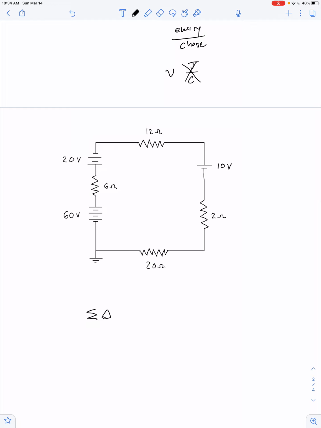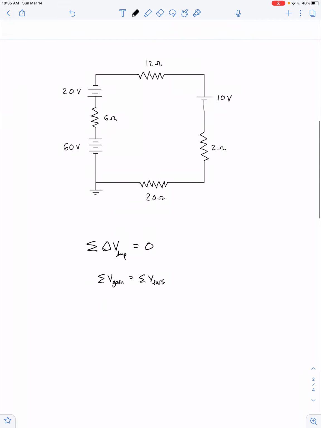The total change in voltage all the way around a loop, either counterclockwise or clockwise, we can just write the word loop. The total change in voltage around a loop is equal to 0, which is equivalent to saying the total voltage gain is equal to the total voltage loss.